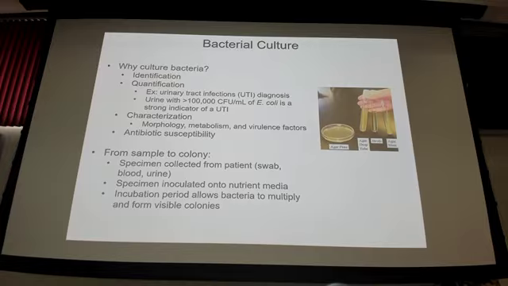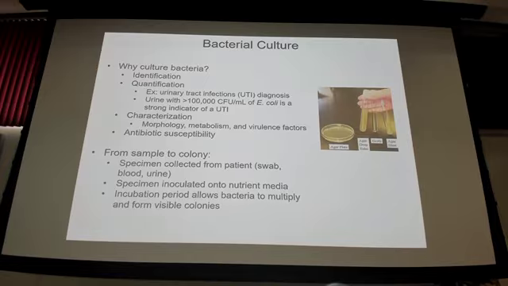If it's anything less than 100,000 colony-forming units per mL of urine, then they're probably okay. Those are either commensals or something else. But if you exceed that threshold of 100,000, then you usually call that a UTI. It's significant, and you probably have a legitimate urinary tract infection. That can also be done with some other fluids that are supposed to be relatively sterile. You can do it with blood; you can quantify organisms in blood as well.